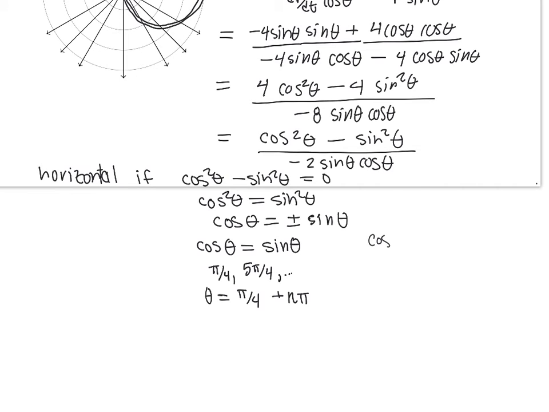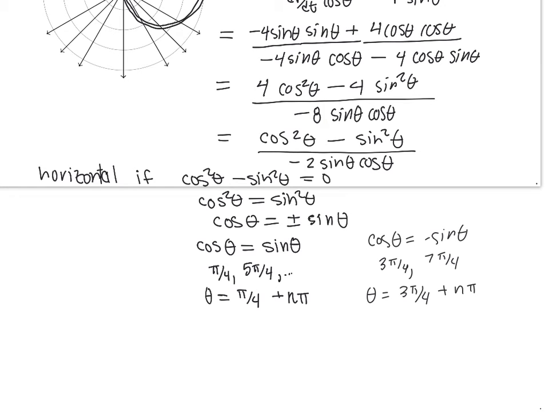And cosine of theta will be negative sine theta, as in sine and cosine are opposites, at angles like 3 pi quarters and 7 pi quarters. So theta is 3 pi quarters plus n pi.